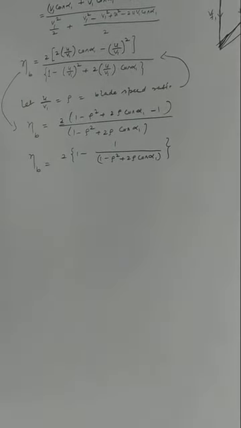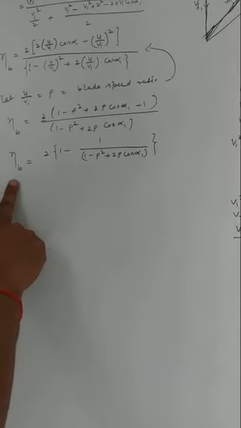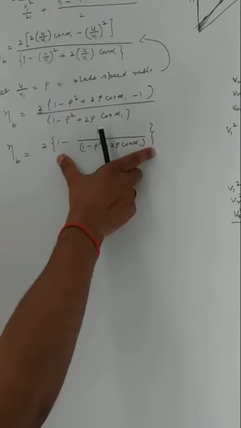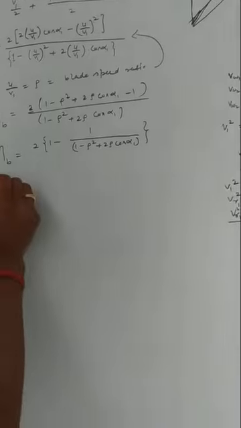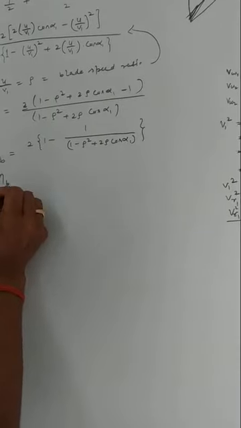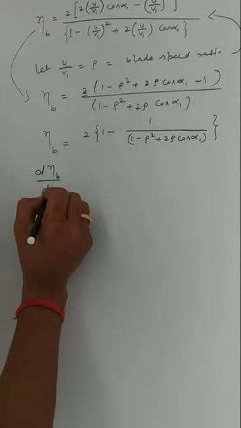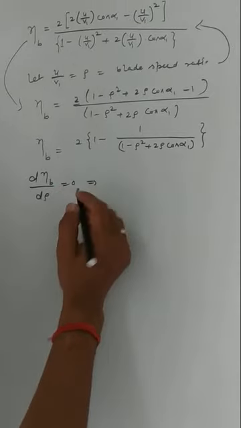To maximize the blade efficiency, we can maximize this function. So d of eta b divided by d of rho is equal to 0.